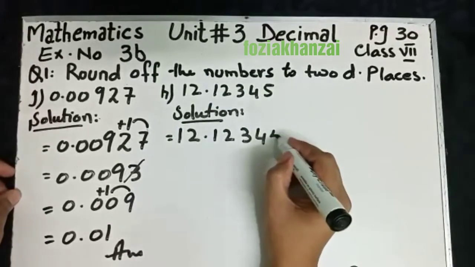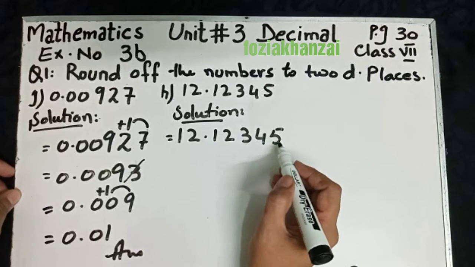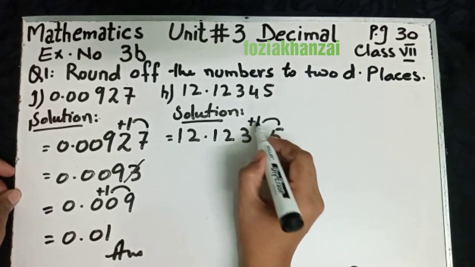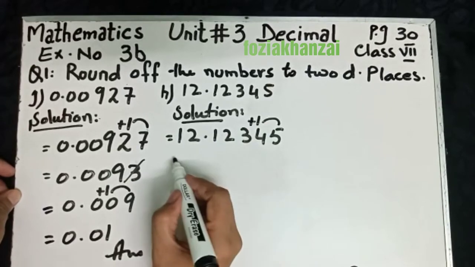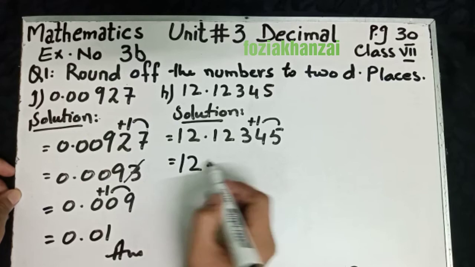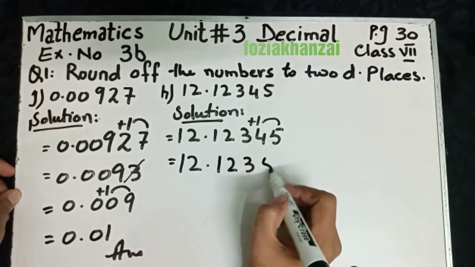Next part, H, 12.12345. The last digit 5, so we add plus 1 to the previous number. The previous number is 4, so it becomes 5: 12.1235.